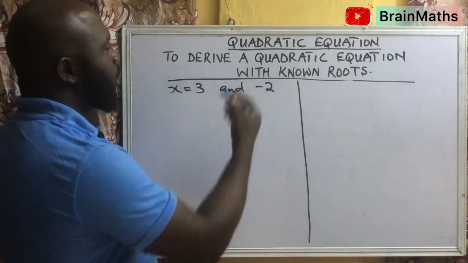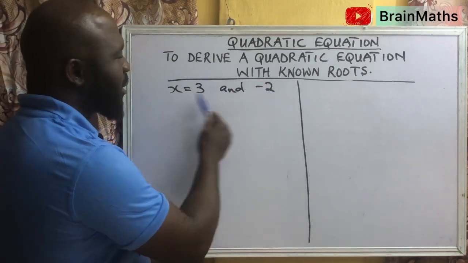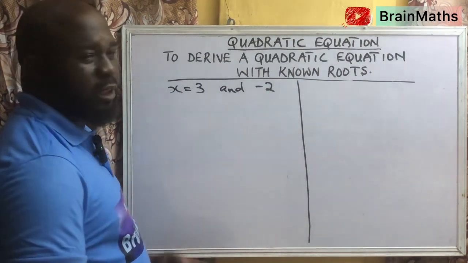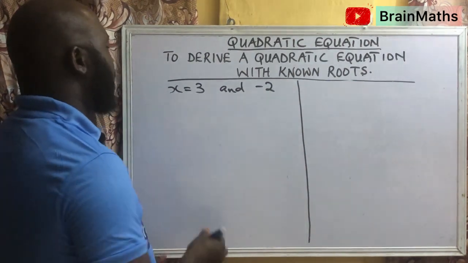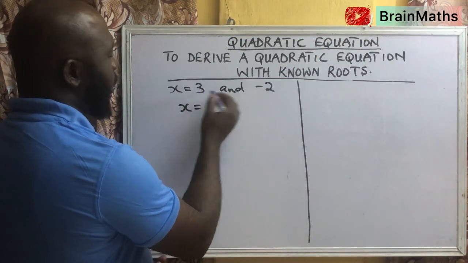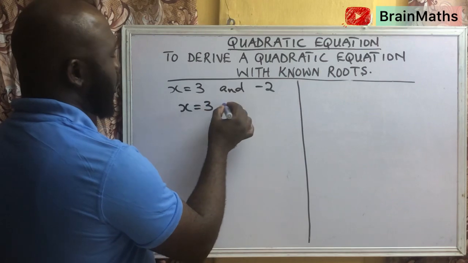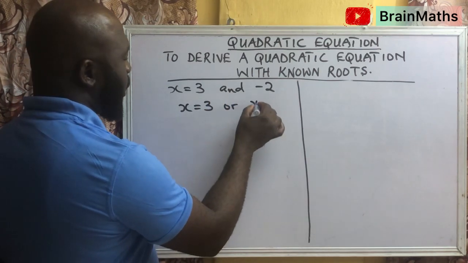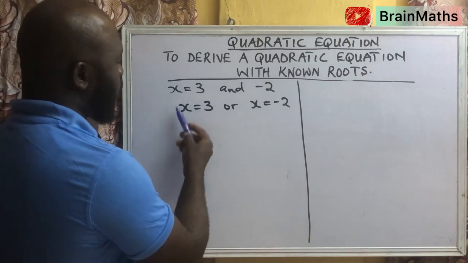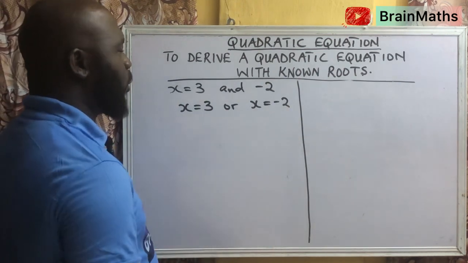For us to get the quadratic equation that has these two roots, we have to follow these steps. The first is to equate both 3 and minus 2 to x: x equals 3 or x equals minus 2. Then equate what we have here to 0.